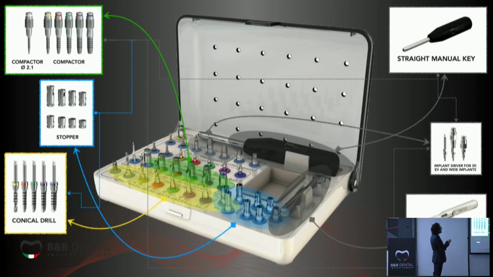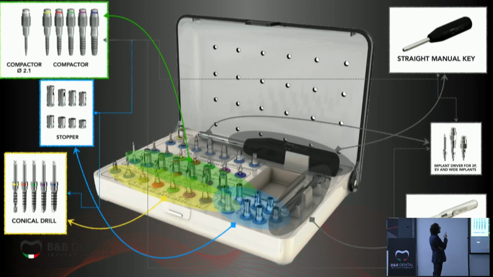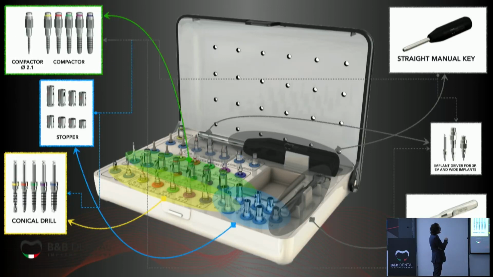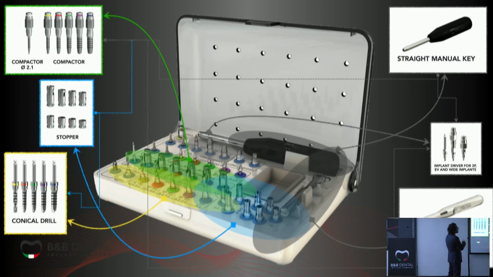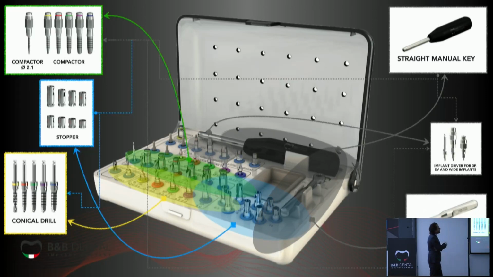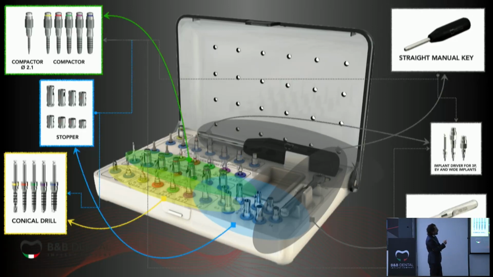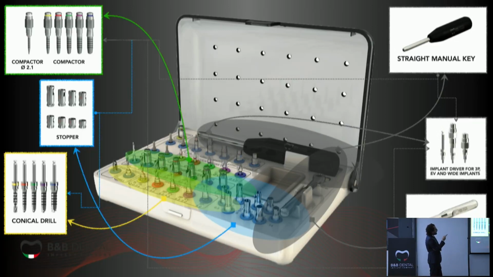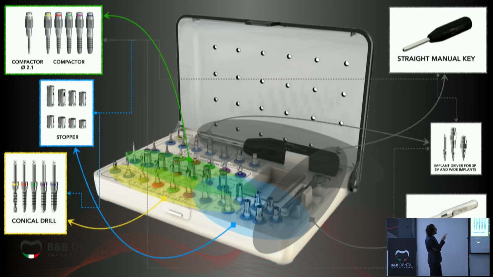We have the conical drills and the compactors and the stopper that we can use with both the conical and the compactors. It depends on what we need during the surgery. The universal ratchet and the straight manual key, we can use them with the implant drivers, but still we can use them with the compactors.